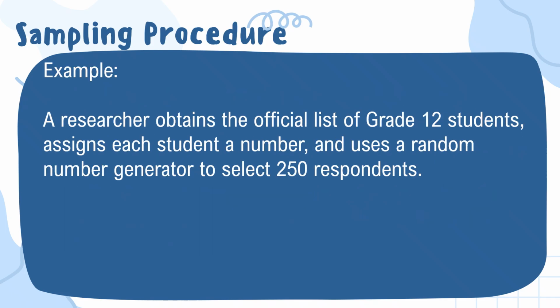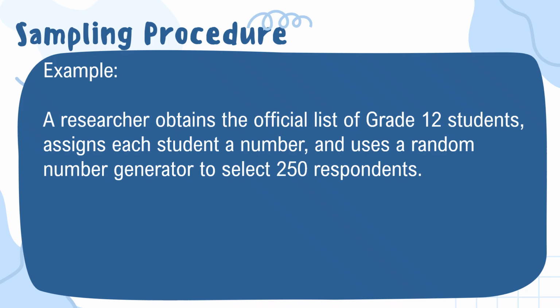Now let's walk through this example. Step 1. The researcher obtains the official list of grade 12 students. So why do you think we need the official list? That is, in order to know who belongs to the population, to have a complete list. Step 2, each student is assigned a number. Why?